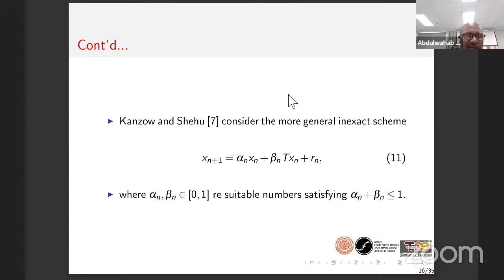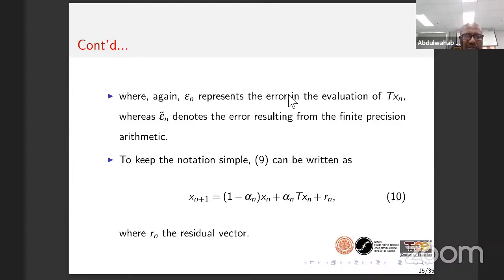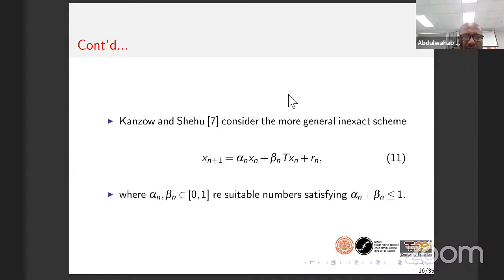Kanzow and Shehu also considered a more general inexact scheme, which is given by equation 11. You can easily see the difference between equation 10 and equation 11: in equation 10 the coefficients are 1 minus alpha n and alpha n, where the sum is equal to 1, whereas in equation 11 the sum of alpha n plus beta n is not necessarily equal to 1.